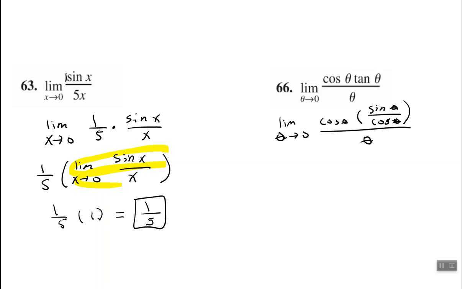And now we can simplify because we can cancel out the cosines of theta there and there. Now we have the limit of sine of theta all over theta as theta approaches zero. And that goes back to that theorem that said sine of x over x as x approaches zero, treat theta the same way. The limit of that is equal to 1.